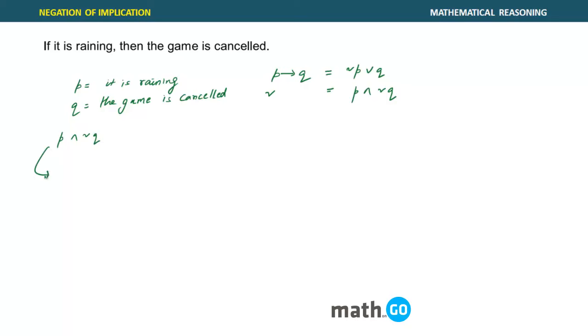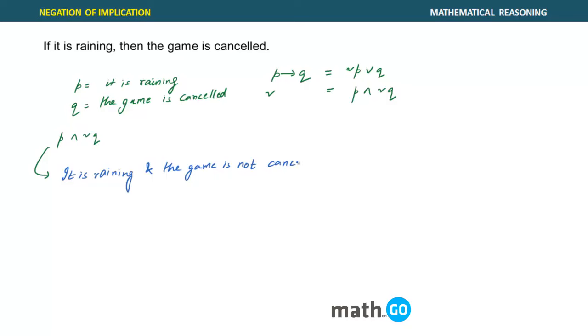Now we just want to convert this into English. If we convert this into English, it will be: it is raining. Don't put 'if' now, because it is no longer an implication. So it is raining and the game is, it is negation, so we will use 'not' cancelled.